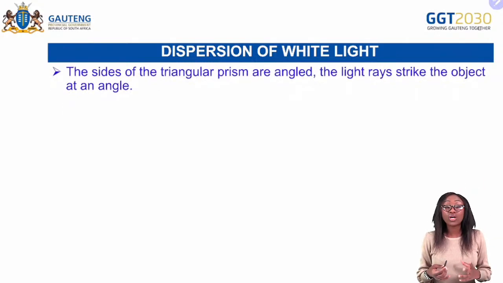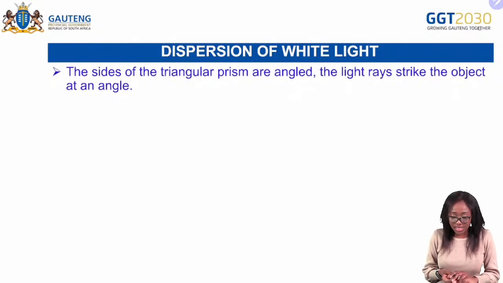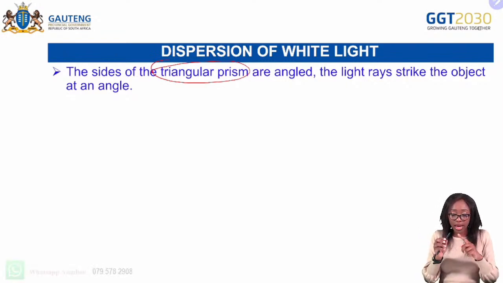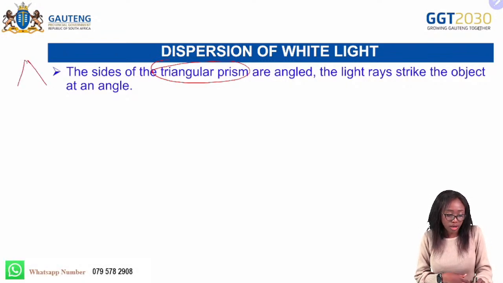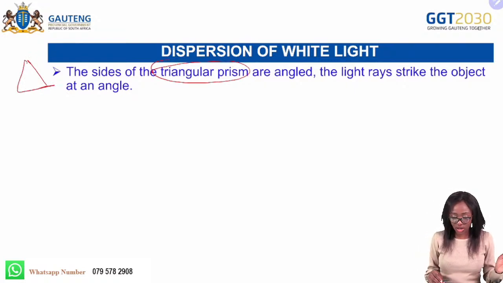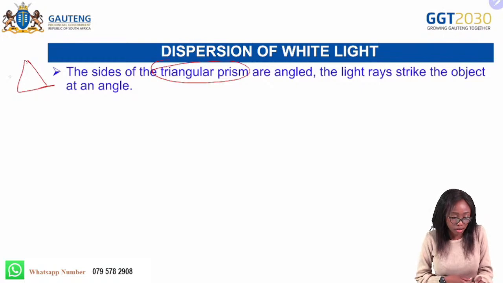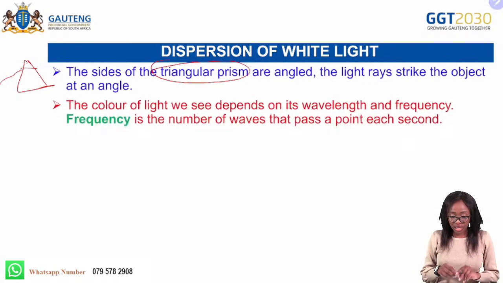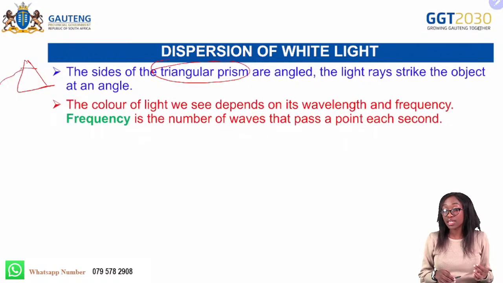Okay, so more on dispersion of light. The sides of the triangular prism are angled. Remember, triangles are angled. So the light rays strike the object at an angle, it bends the light, and then disperses the light. The color of light we see depends on the wavelength and frequency. But what is frequency?